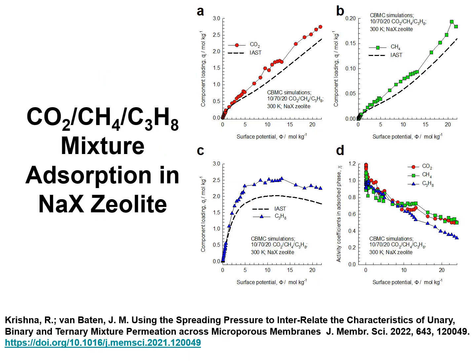We also carried out CBMC simulations for CO2, methane, propane mixtures in the proportion 10, 70, 20, and the component loadings of CO2, methane, and propane are plotted as a function of the surface potential in these graphs, and the CBMC simulation results are shown by the symbols, and the dashed lines are the IAST estimates.